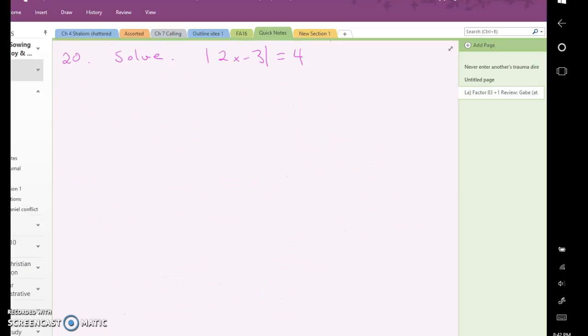On number 20 we get into absolute values, which are distances. So this is saying that 2x minus 3 represents a distance, and it's a distance that is 4 units away from 0. So 2x minus 3 might be 4 units in the positive direction or in the negative direction. So those are the two situations we have to consider to solve this.